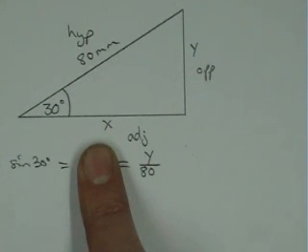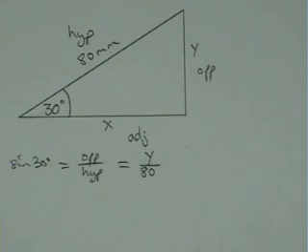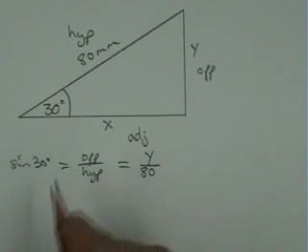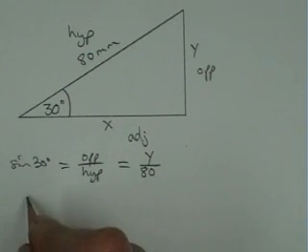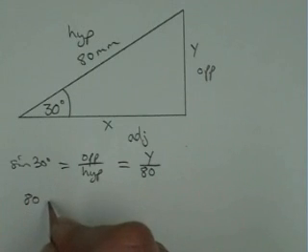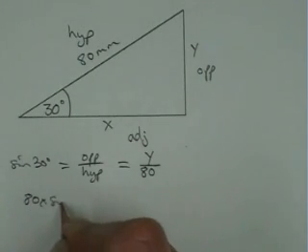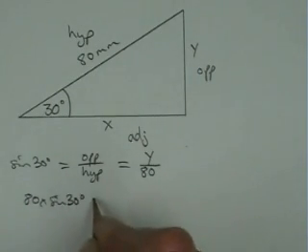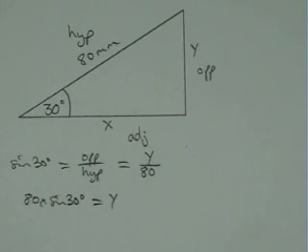So if I want to get y to be on its own in this equation, then if I multiply both sides by 80, I get the expression for y. So if I multiply the sine 30 by 80, I get 80 times sine of 30 degrees equals y.